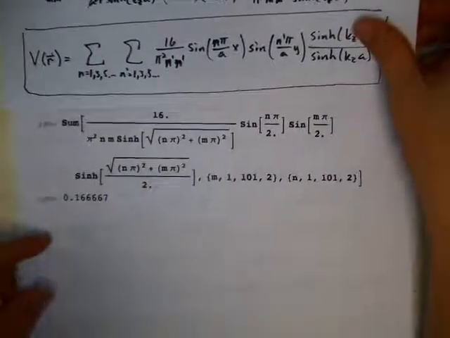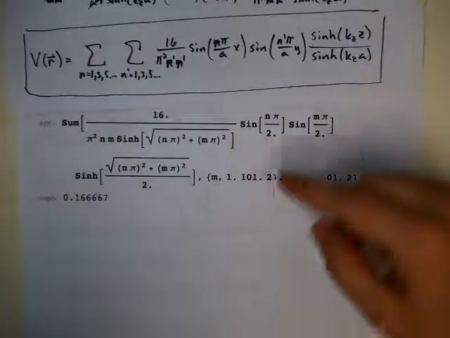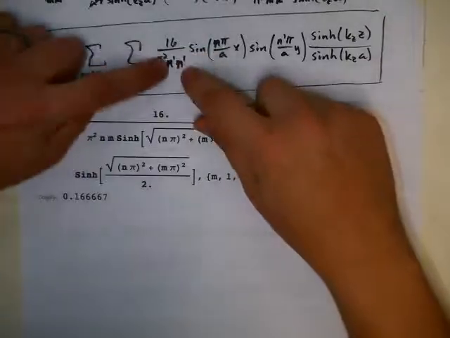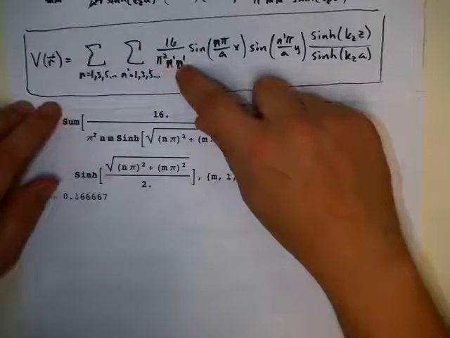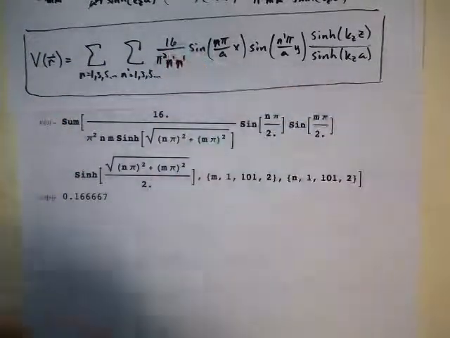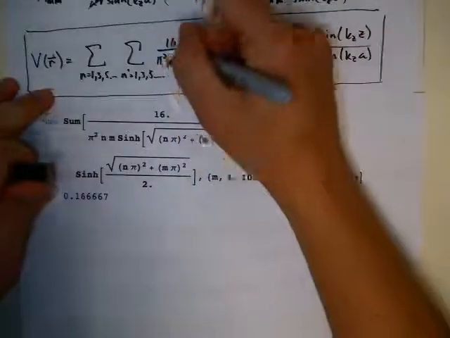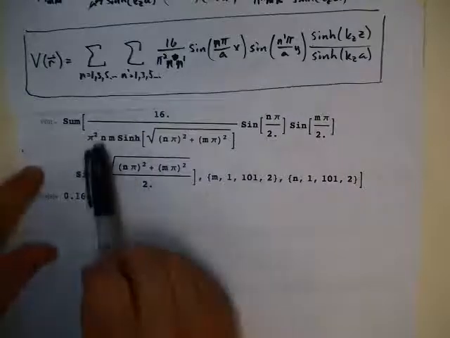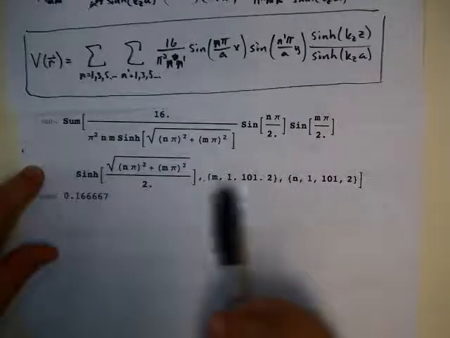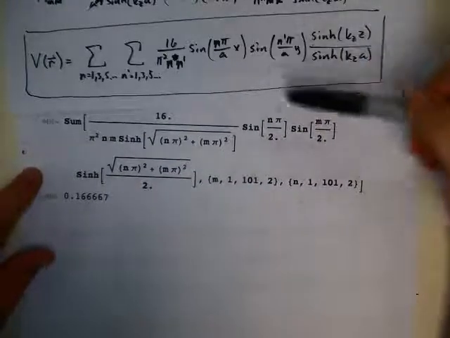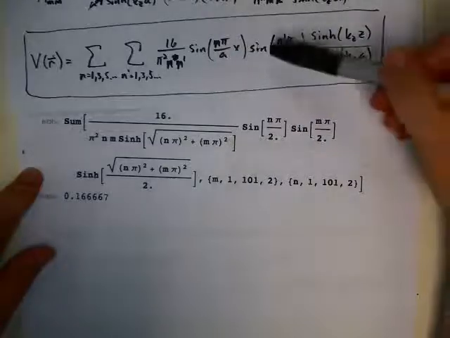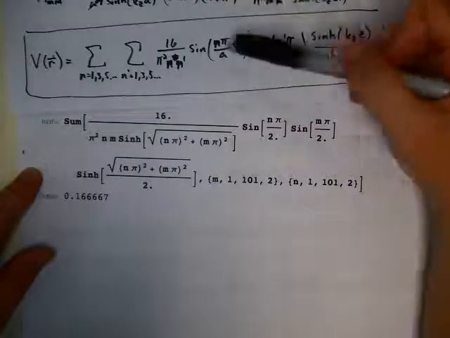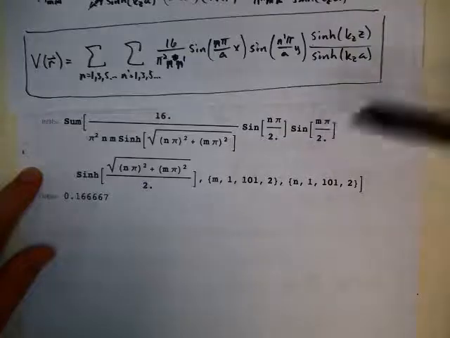And here is this expression. I've looked at this in Mathematica. And so this is the 16 over pi n prime, so that's my n and m here. I have sine at a over 2, I get m pi over 2 and m pi over 2, right?